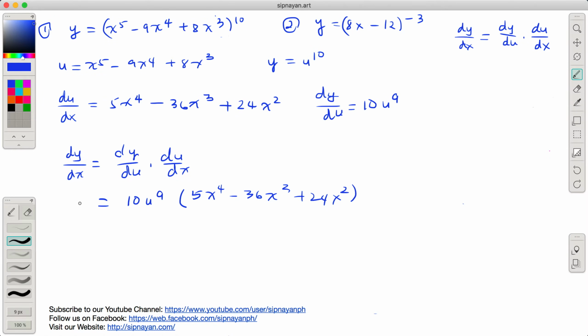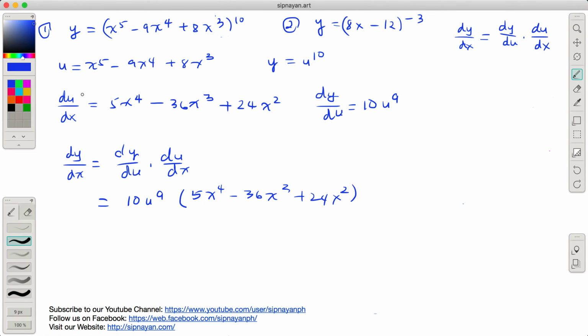Okay? Sabi ko sa inyo sa previous video, pag dy dx yung hinahanap natin, dapat yung itong variable na to, dapat ito yung nakalagay dito sa right hand side. Parang dito, di ba? Du dx, nandito siya. Yung x lahat ng variable na nasa kanan. So, ibig sabihin, may gagawin pa tayo dito sa u. Anong gagawin natin doon sa u?